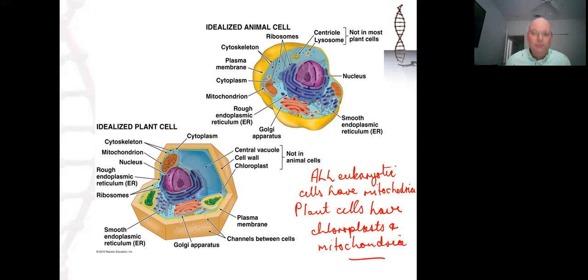It helps you figure out which things are found in both types of cells, which are found uniquely in one type of cell versus the other type of cell. And then double check, come back to this picture, come back to the textbook and double check to see if you've got everything in the right columns.